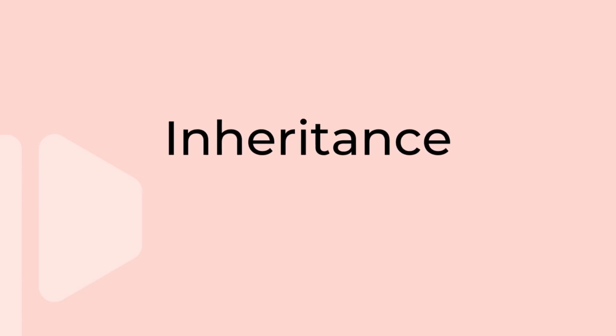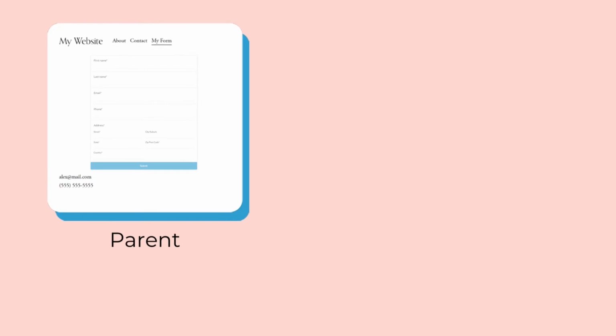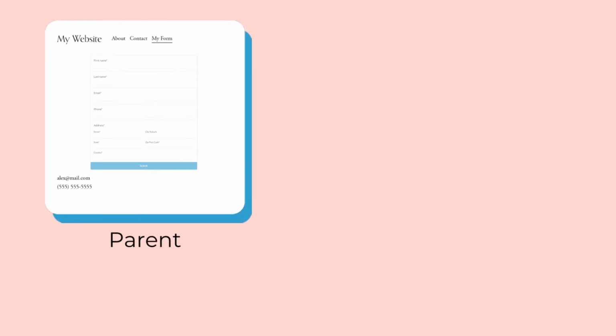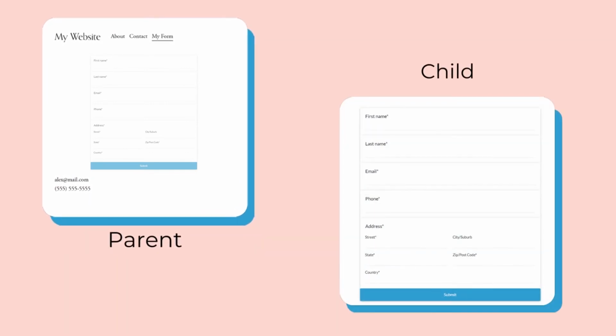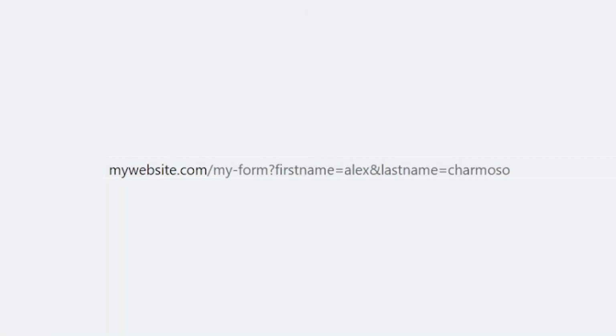When we embed a form on a website, the page that we're doing the embedding on is considered the parent, and the form that we are embedding is considered the child.